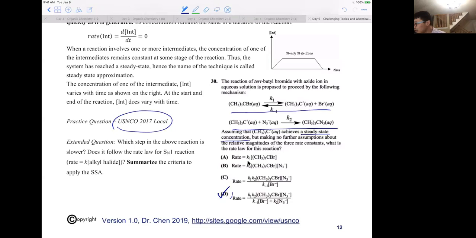You see, the first step, we make a carbocation intermediate. The second step, the intermediate is attacked by a nucleophile, right? So it makes sense, it's SN1.